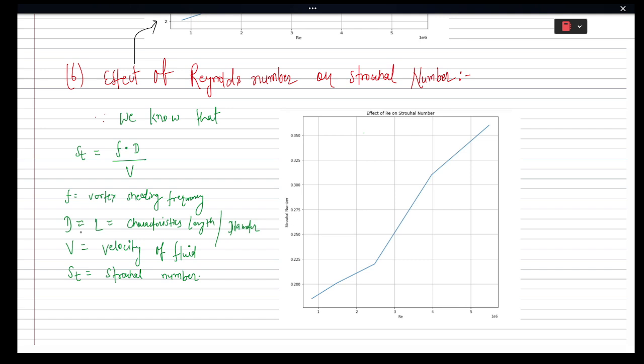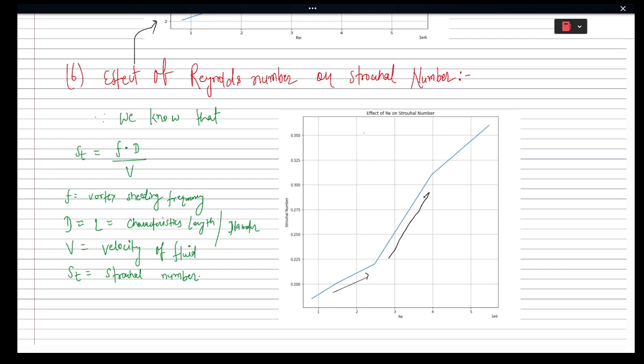So here, what happens to St as Re increases? At first it increases slowly, as you can see here. Then it increases faster in the middle of the range.